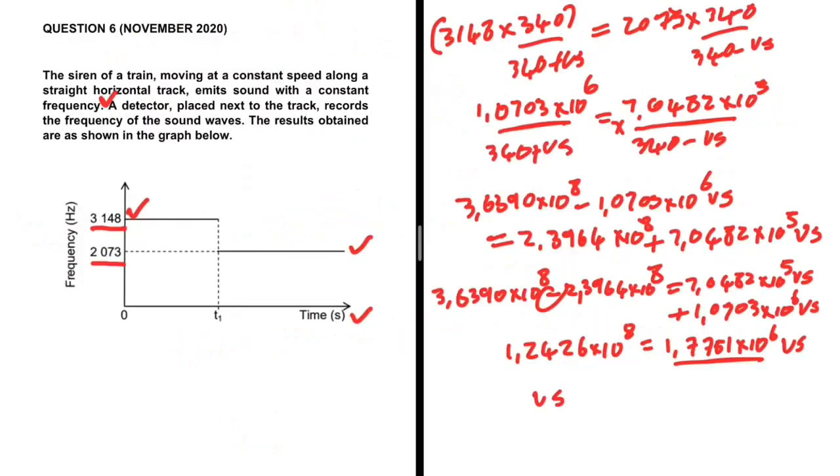I'm getting Vs being equal to 70.00 meters per second. So there we go. That is the speed of our train.